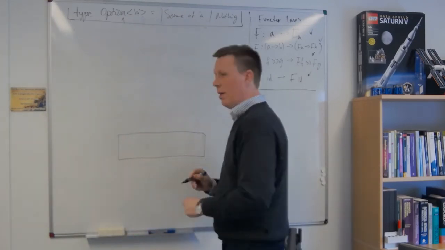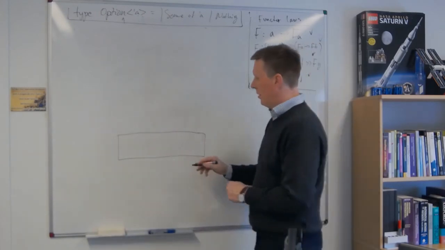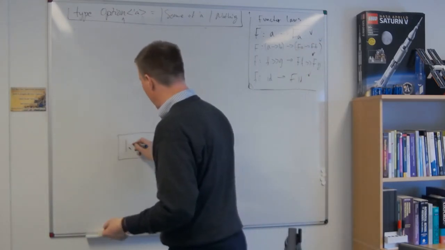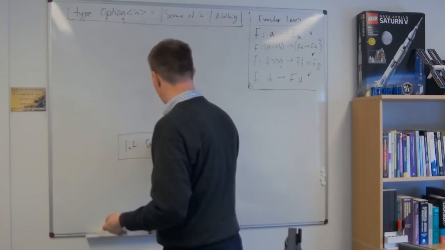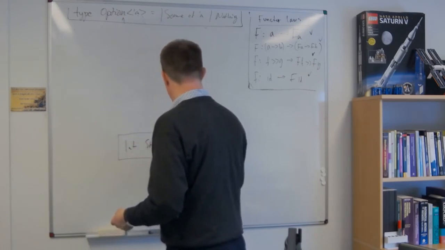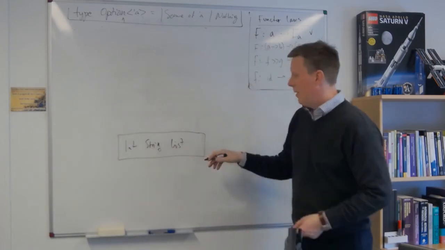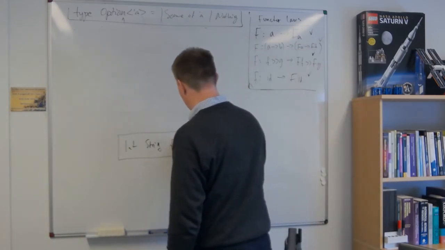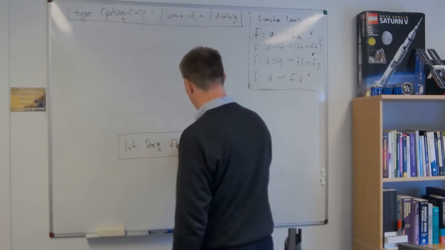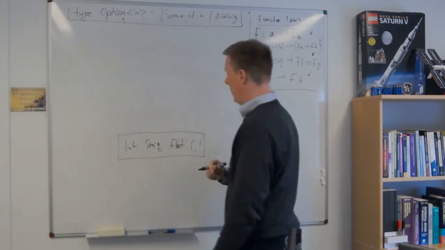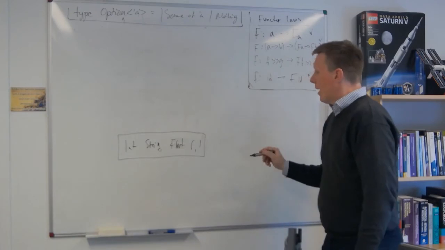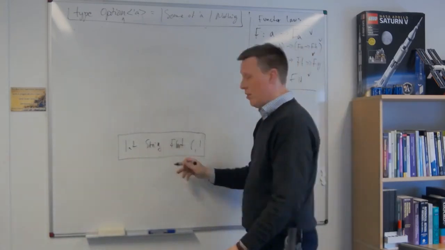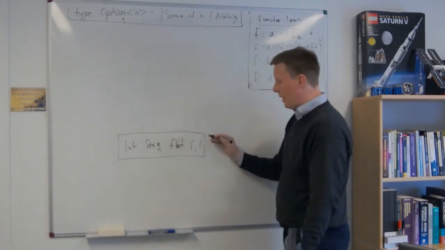We have a world down here of simple types like int and string and float and pairs and what have you, right? Actually, we could have a list here as well. We can have functions, we can have all kinds of things. But we're down in this world here.